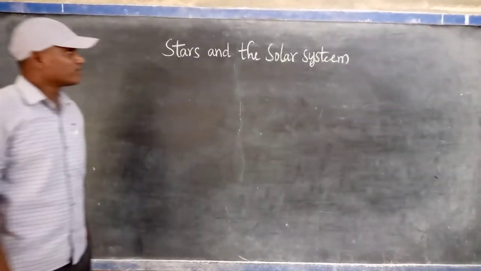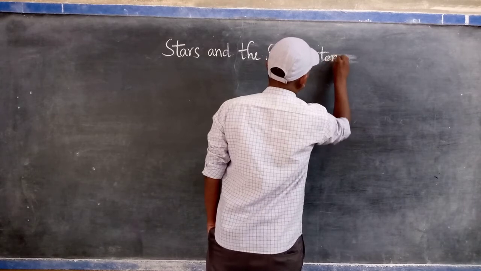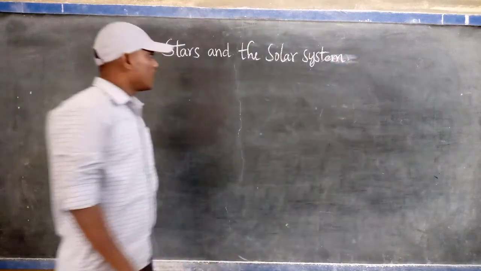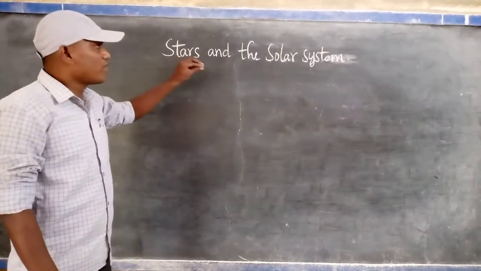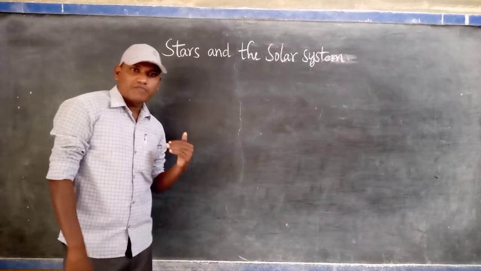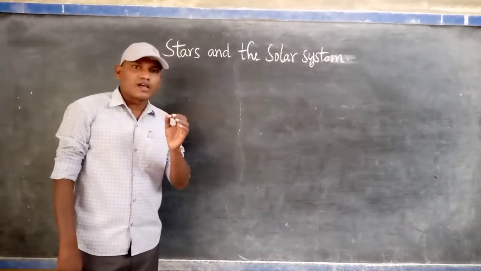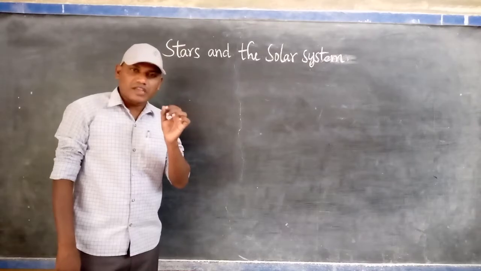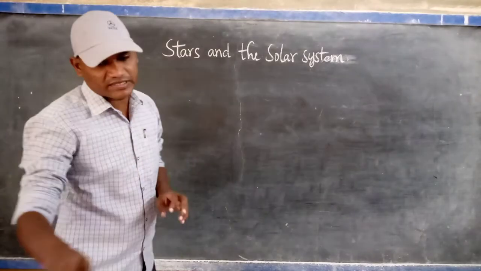So what is the name of the chapter? Stars and the Solar System. This is the name of the chapter we discuss in this part video, from the 8th standard level according to our state syllabus.